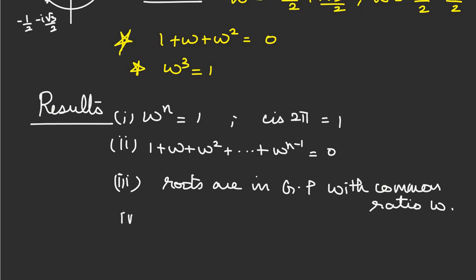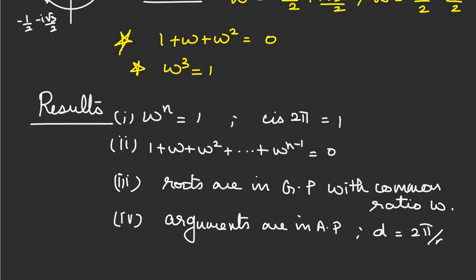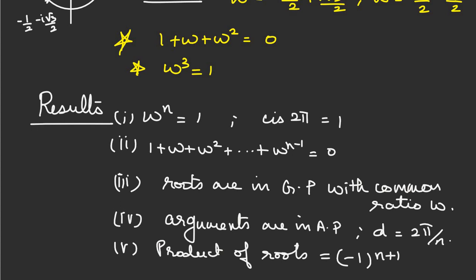Then we see that the arguments, that is the theta values, are in AP with common difference 2 pi by n, and the product of the roots is equal to minus 1 whole power n plus 1.